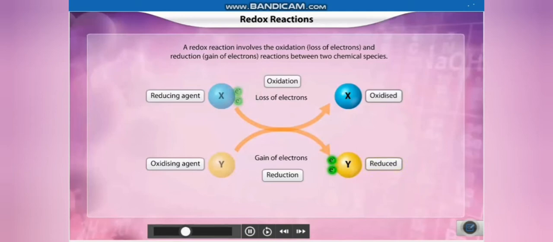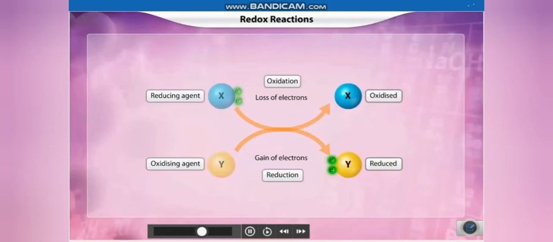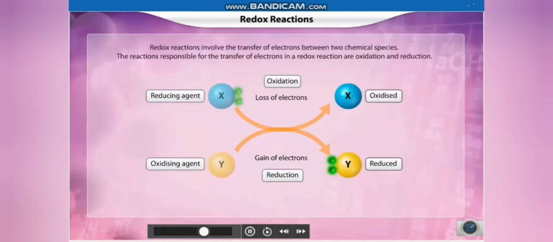The species which lose electrons will act as a reducing agent, and the species which gain electrons will act as an oxidizing agent. Redox reactions involve the transfer of electrons between two chemical species, and the reactions responsible for the transfer of electrons in a redox reaction are oxidation and reduction.